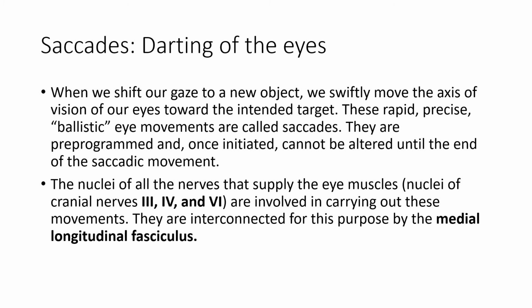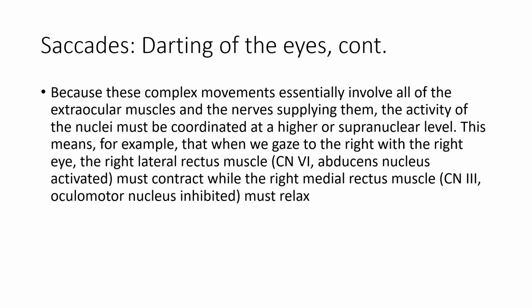The nuclei of all the nerves that supply the eye muscles, so nuclei of 3, 4, and 6, are involved in carrying out these movements. They're interconnected for this purpose by that MLF, or medial longitudinal fasciculus. Because these complex movements essentially involve all of the extraocular eye muscles and the nerves supplying them, 3, 4, and 6, the activity of the nuclei must be coordinated at a higher or supranuclear level.